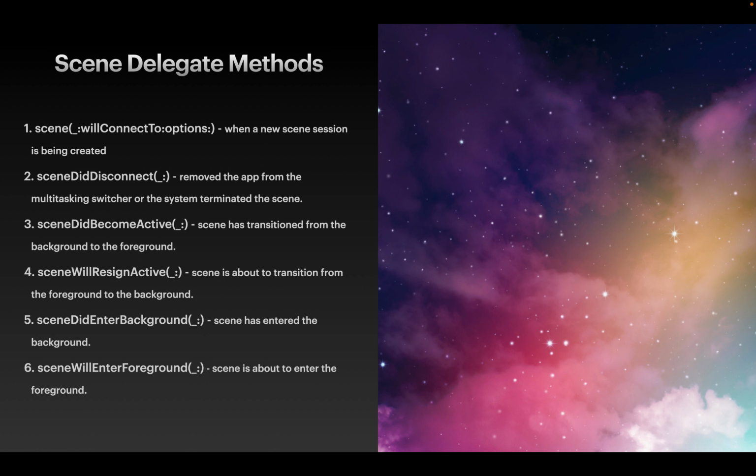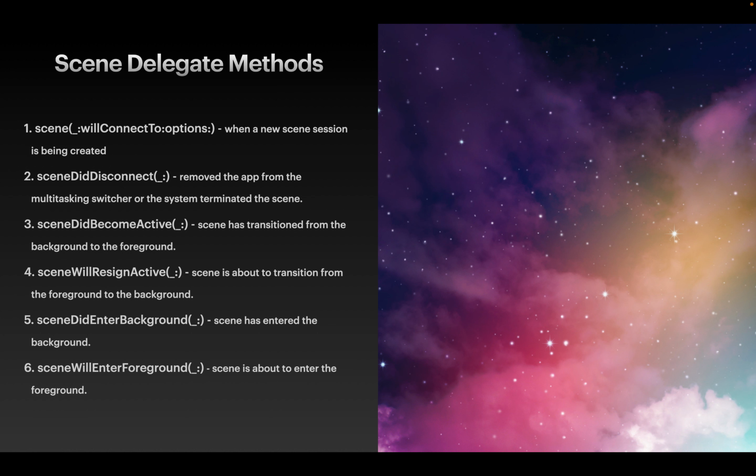So that method will handle those things. And then the scene did enter background. For example, if we are typing a long form, and in the middle we need to switch to another application and come back. While we move to the other app, if we need to save these forms, we can do it from this scene did enter background.